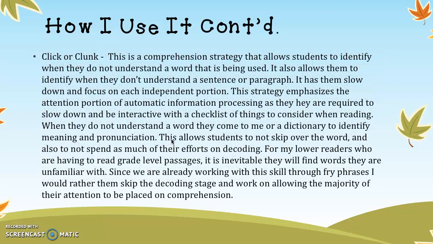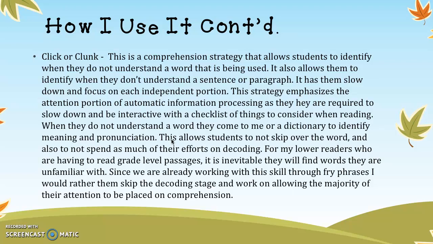I also use Click or Clunk, which is a comprehension strategy. It has a lot of different components, but for this, what I like most is that my students who I know are not reading on grade level. They're reading on a 2nd grade level, but they're required to read these 4th grade passages and understand them. I want them to take some of the attention away from the decoding phase and put the attention on the comprehension phase.